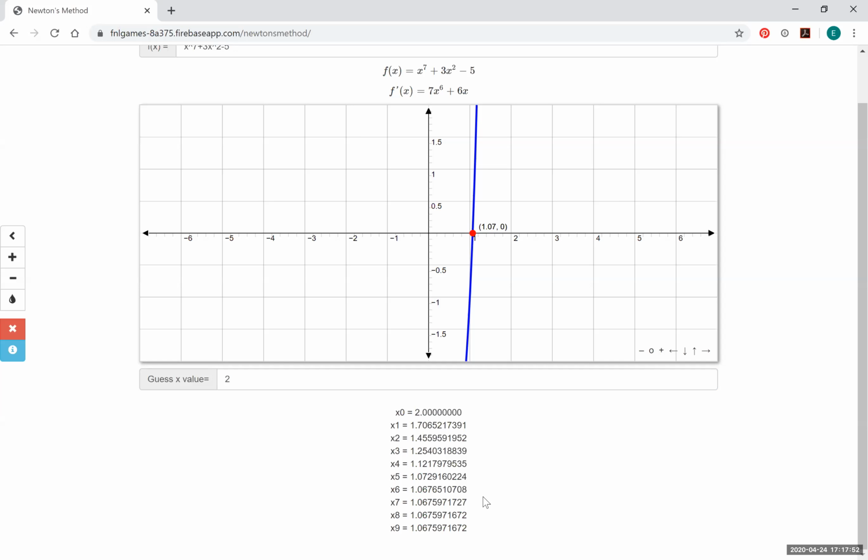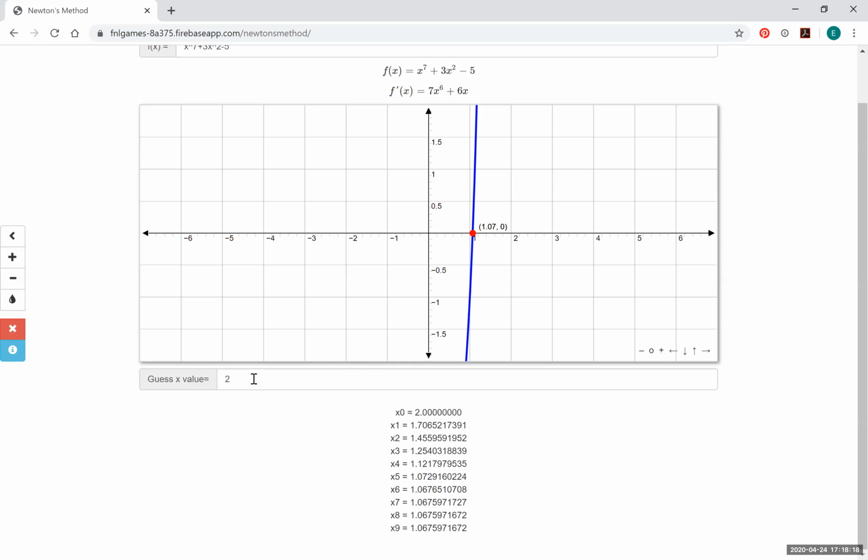When we said x naught equals 1, we got convergence in like 6 iterations or so. Now we don't have convergence until x8 and x9 down here. So putting in 2 still worked. It just took a few more iterations, probably because we're a little farther away from the root there.